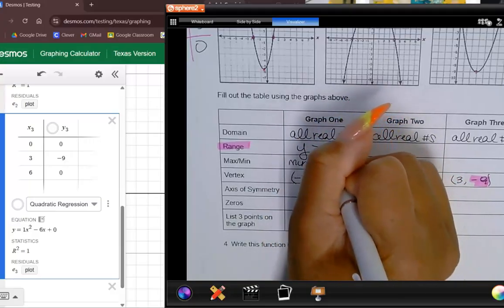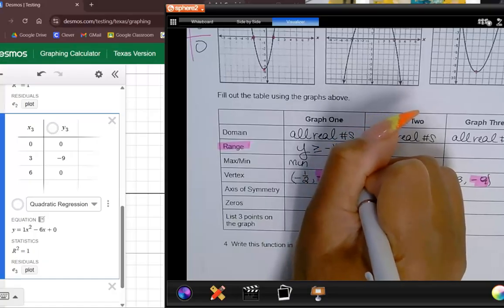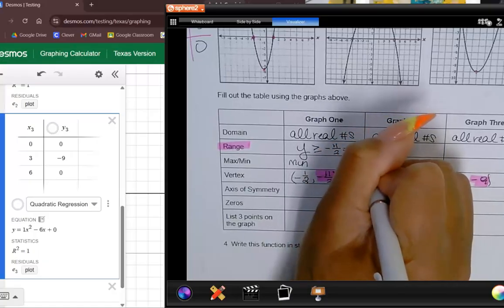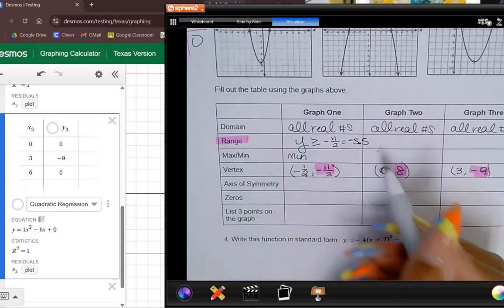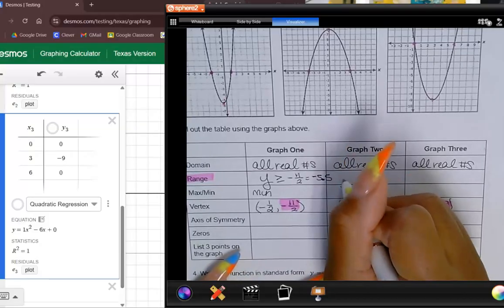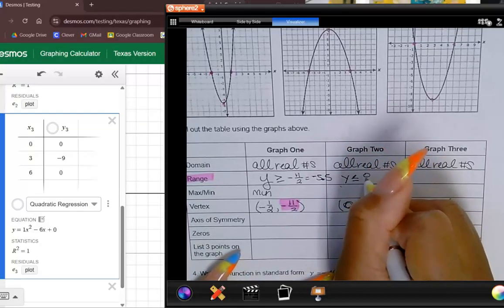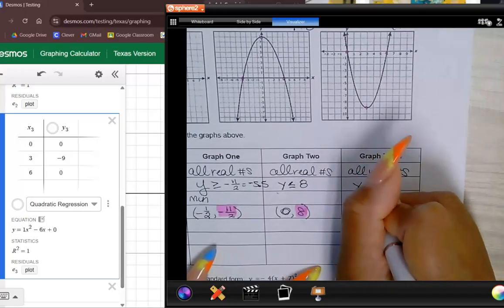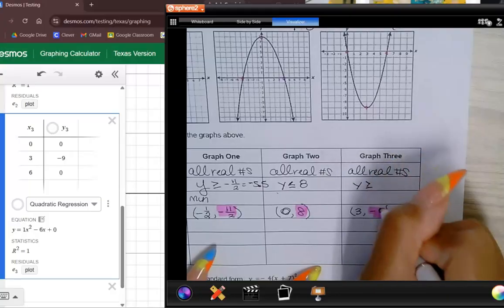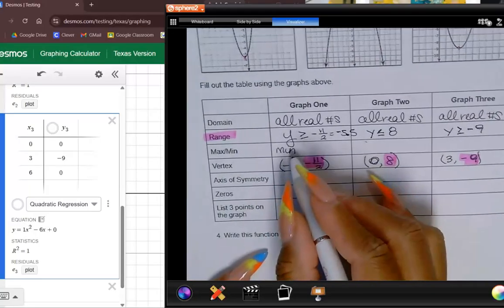And this will be y is greater than or equal to -11/2 or -5.5. And then over here, this opens down, so y is less than or equal to 8. And then over here, this is opening up, so y is greater than or equal to -9.